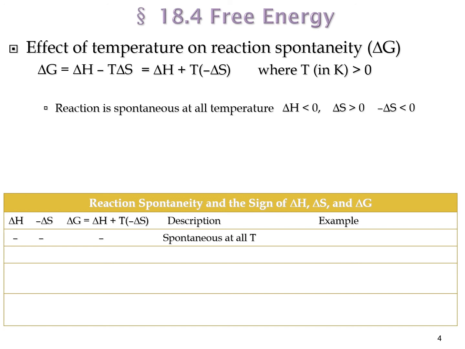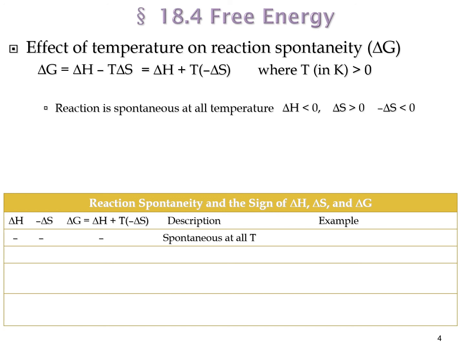In other words, this reaction or this process is independent of temperature. If a reaction is spontaneous, it is spontaneous all the way, no matter what temperature. Come to think of it, that makes sense.